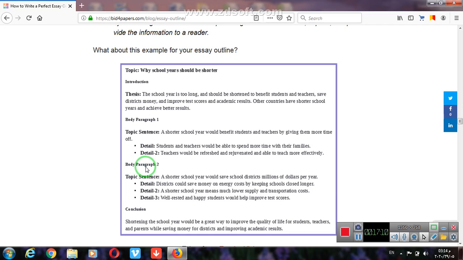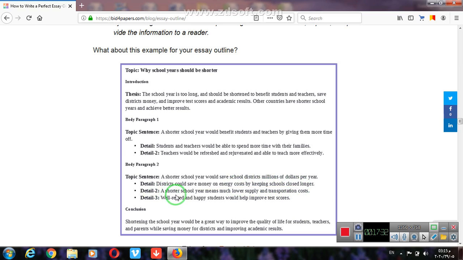Let's move to body paragraph 2. It has also a topic sentence. A shorter school year would save school districts millions of dollars per year. And he discussed this in 3 details. How districts could save money on energy costs by keeping schools closed longer.